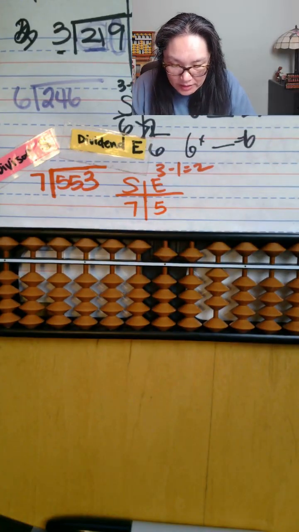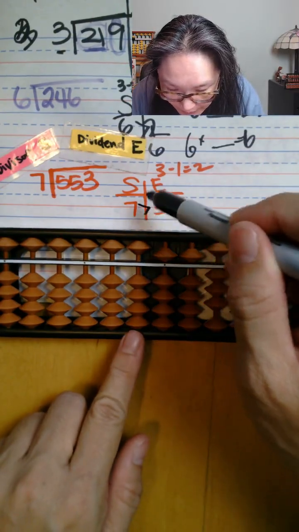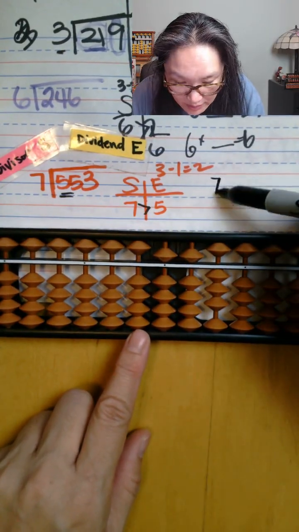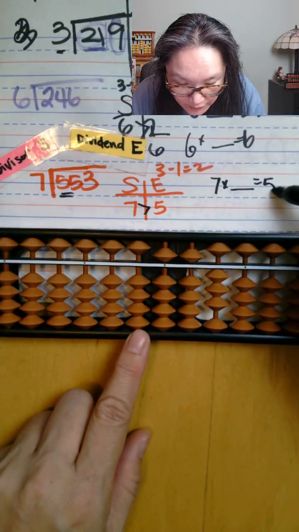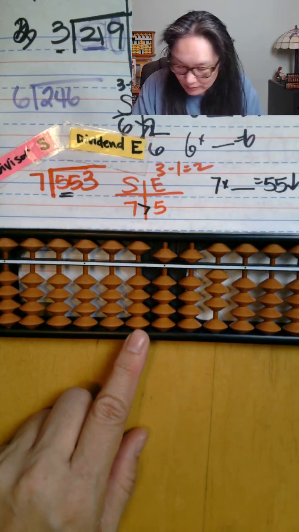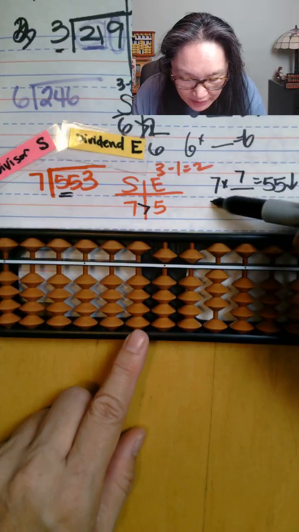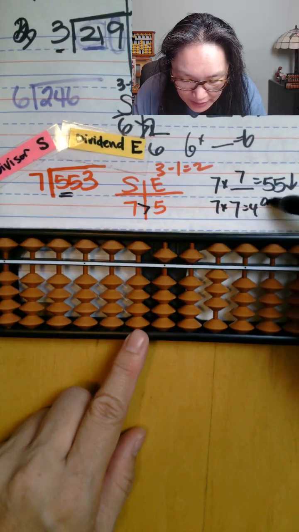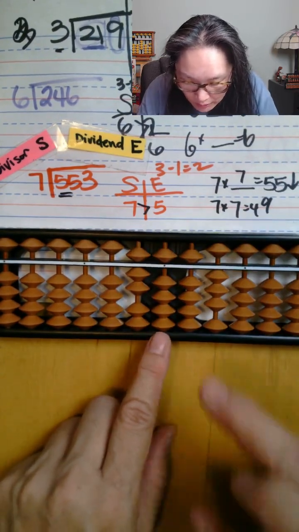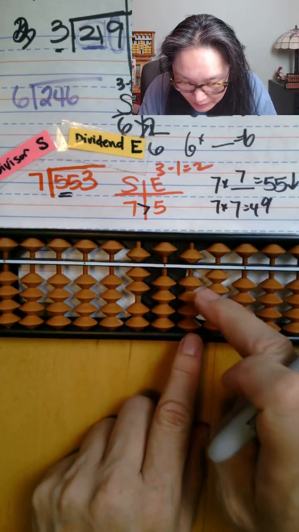Because my divisor is bigger, I have to take 2 digits. So 7 times what is equal to 55 or less? See, this is why we do or less. 7 times 7 is 49. So I add 7. I take away 4. I take away 9. Minus the 10 plus the 1.